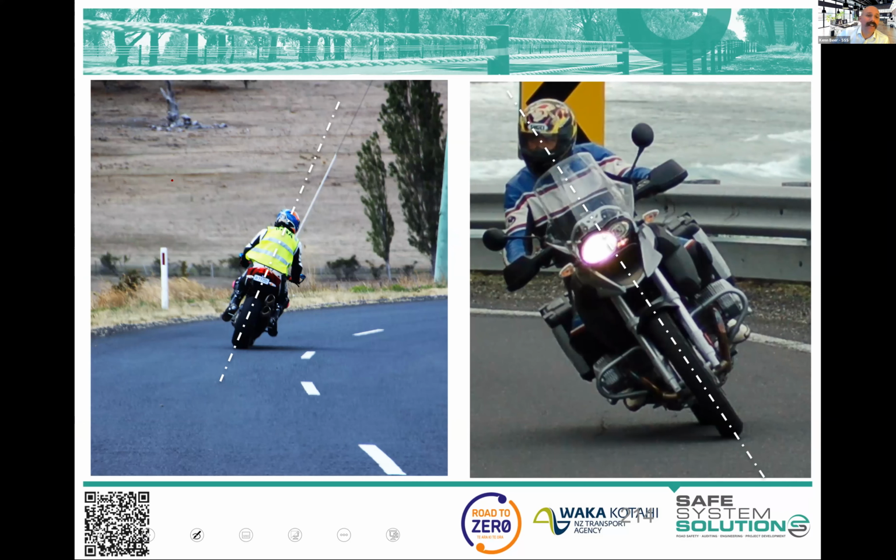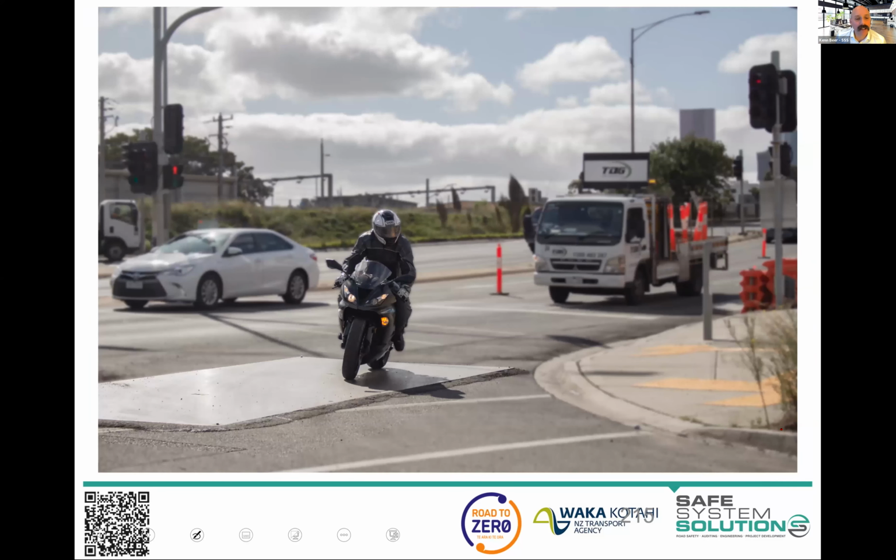Simply the center of gravity and the two small contact patches mean that they come off quite easily. Anything slippery on the road surface, be it large steel plates, big thermoplastic line marking patches, any surface deficiencies, bleeding, flushing, rutting, potholes, you name it, it's all going to potentially destabilize a rider and increase the likelihood of a crash.